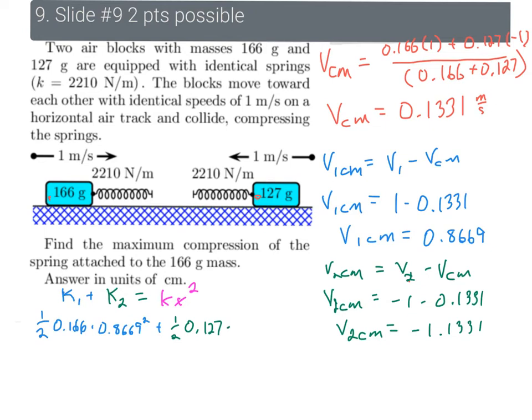Since we are squaring the velocity, a negative times a negative will give us a positive, so I'm just going to drop off the negative so we don't confuse anything. So it's times 1.1331 squared. That will be equal to kx squared.